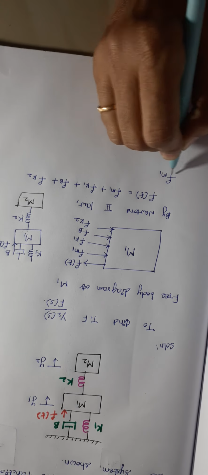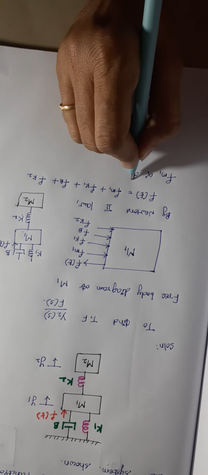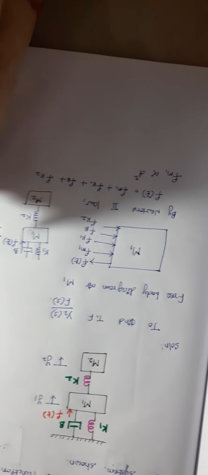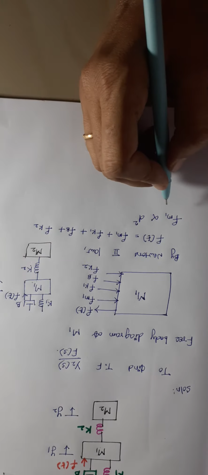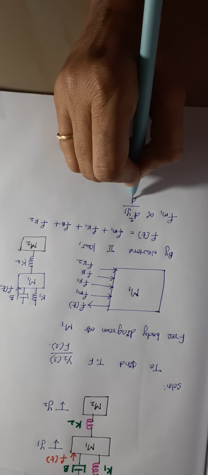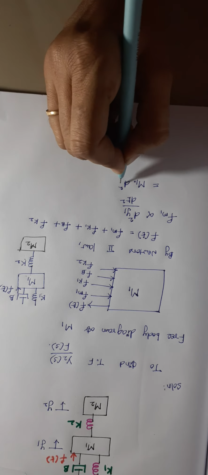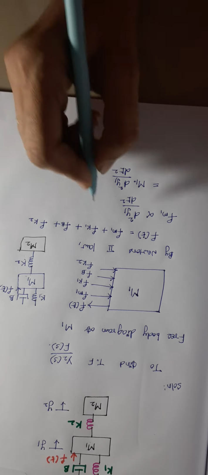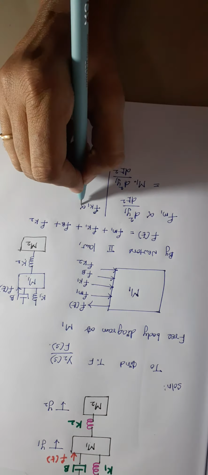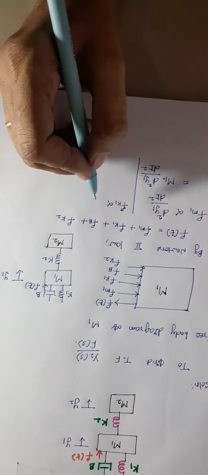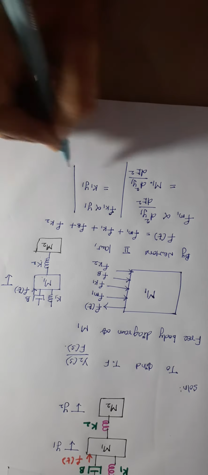Now I am going to write force balance equations for each term. The opposing force produced by mass m1 is directly proportional to its acceleration. The displacement of mass m1 is y1, so f_m is proportional to d²y1/dt², which equals m1 times d²y1/dt². Next, f_k1 is directly proportional to the displacement y1, which equals k1 times y1.